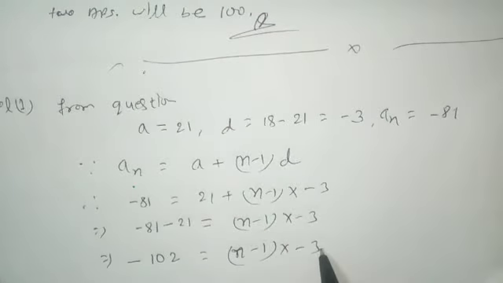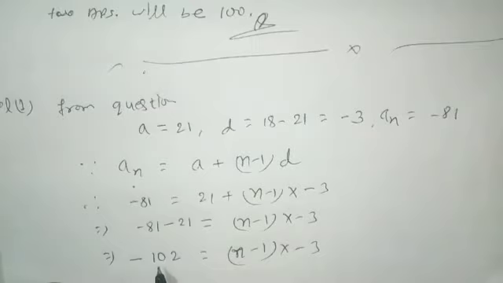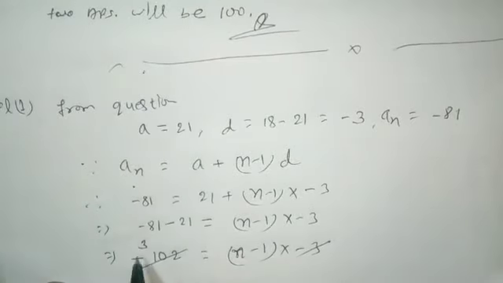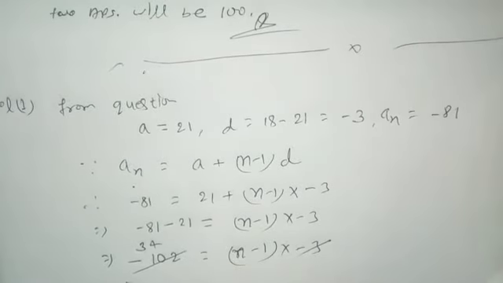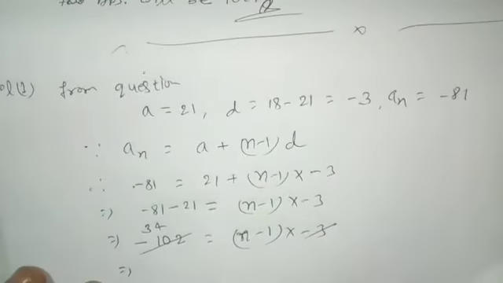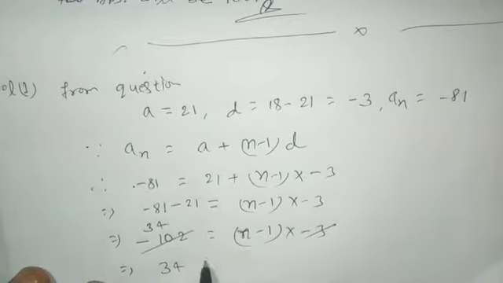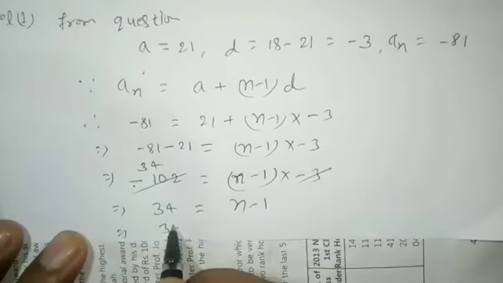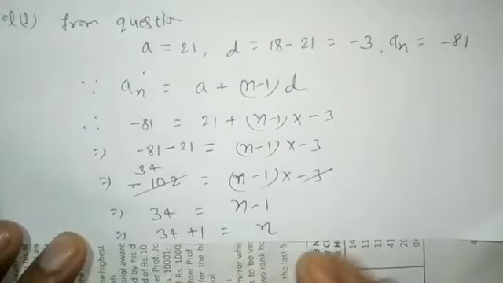Now we divide minus 102 by minus 3: 3 3s are 9, 3 4s are 12, minus minus cancel, implies 34 is equal to n minus 1, implies 34 plus 1 is equal to n, therefore n is equal to 35.